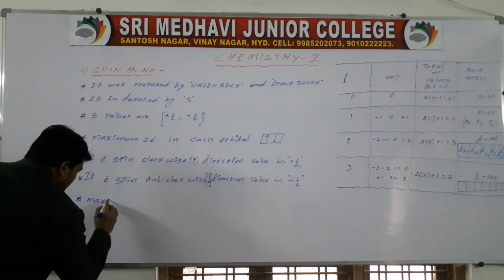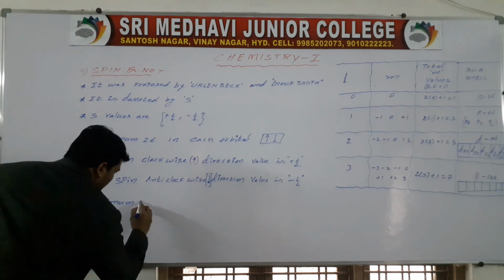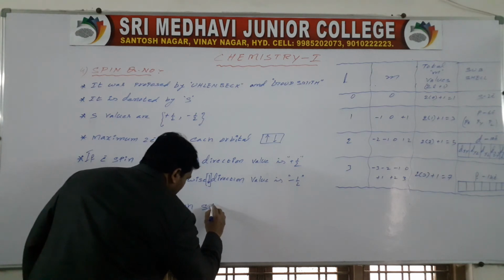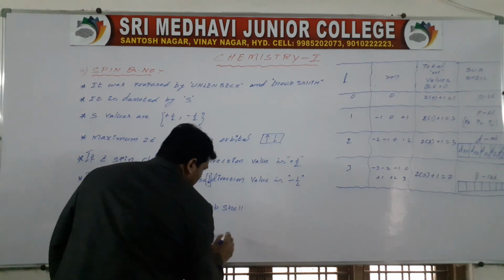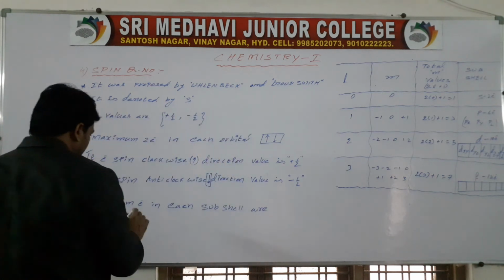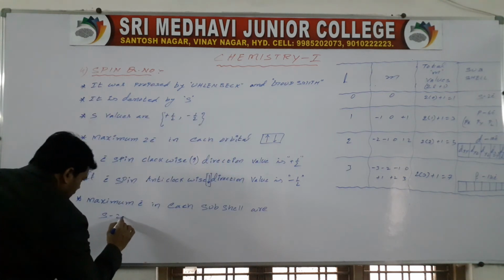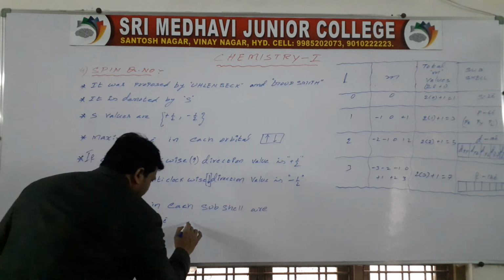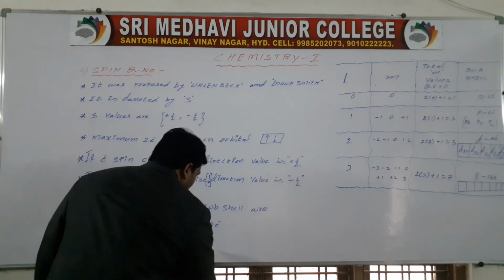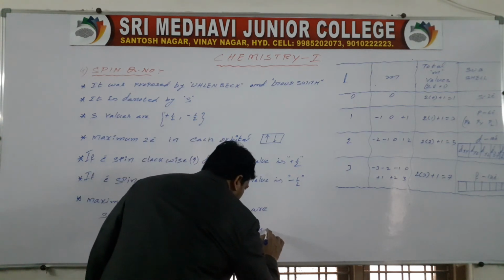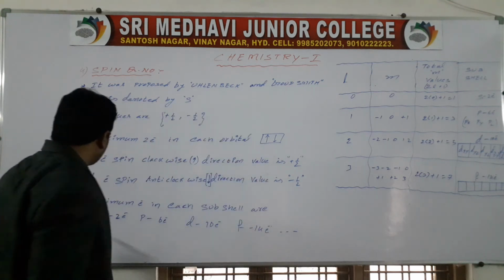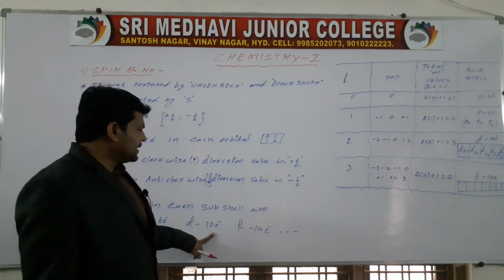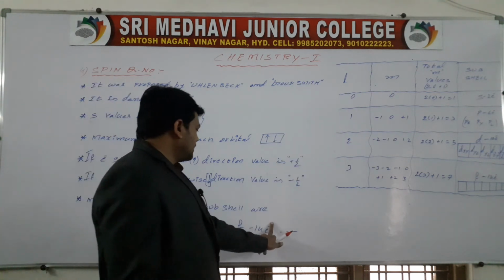The maximum electrons in each subshell are: S 2 electrons, P 6 electrons, D 10 electrons, F 14 electrons, and so on.